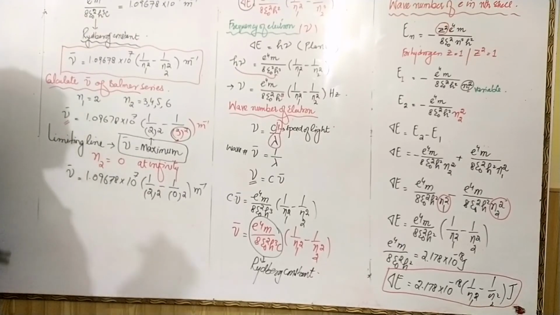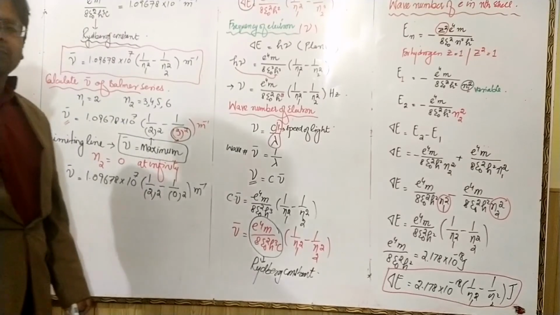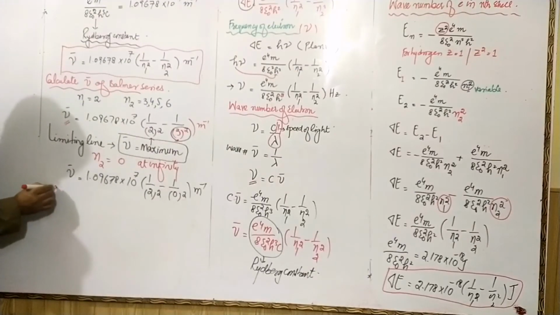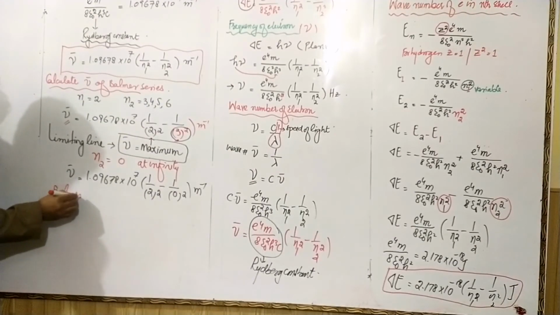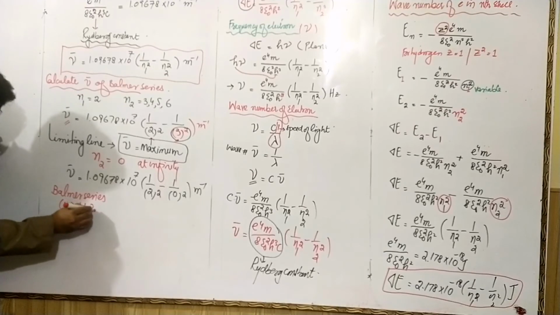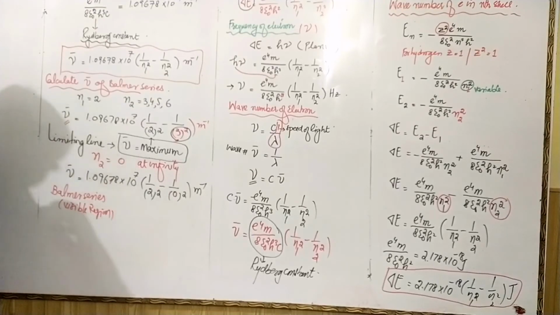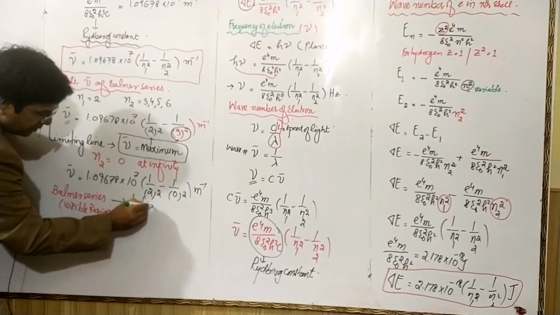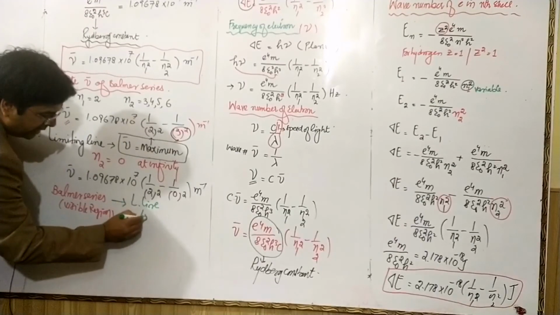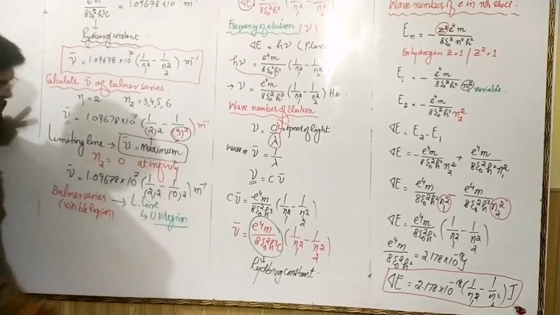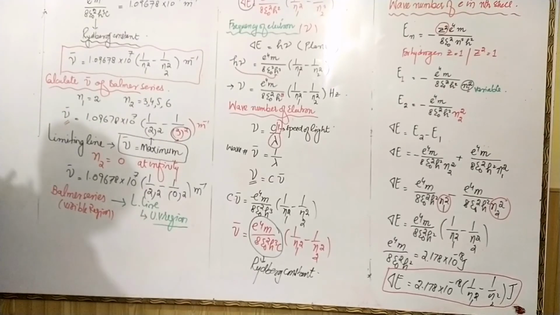Lyman series itself lies in the ultraviolet region, and its limiting line is also in the ultraviolet region. Balmer series itself lies in the visible region, but its limiting line is in the ultraviolet region. Limiting line is when wave number is maximum.